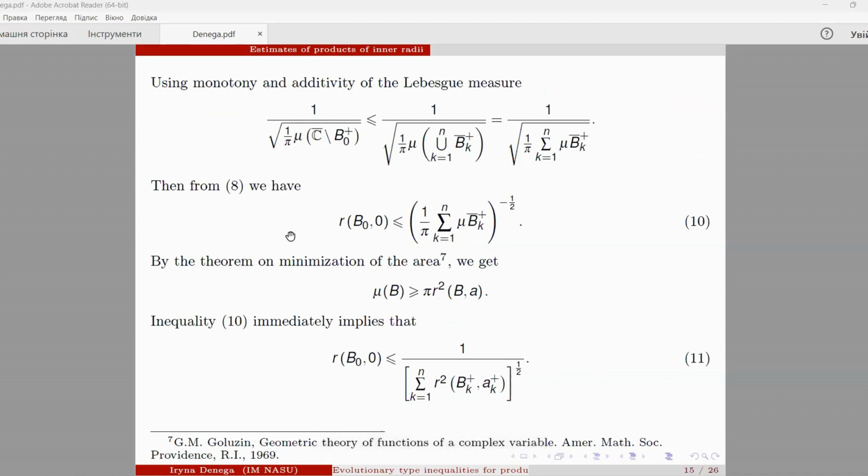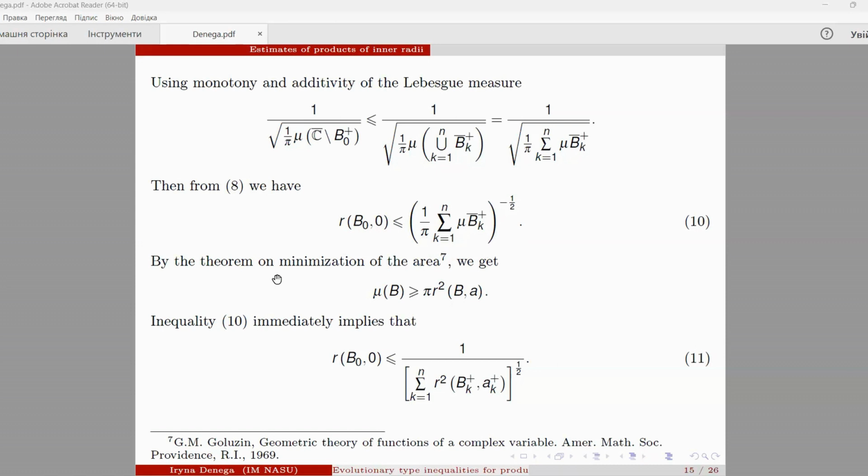Then using monotony and additivity of the Lebesgue measure, from the previous inequality, we have that r(B_0, 0) is less than or equal to 1 over pi times the sum of mu of B_k^+ to the minus a half, after mapping 1 over z.